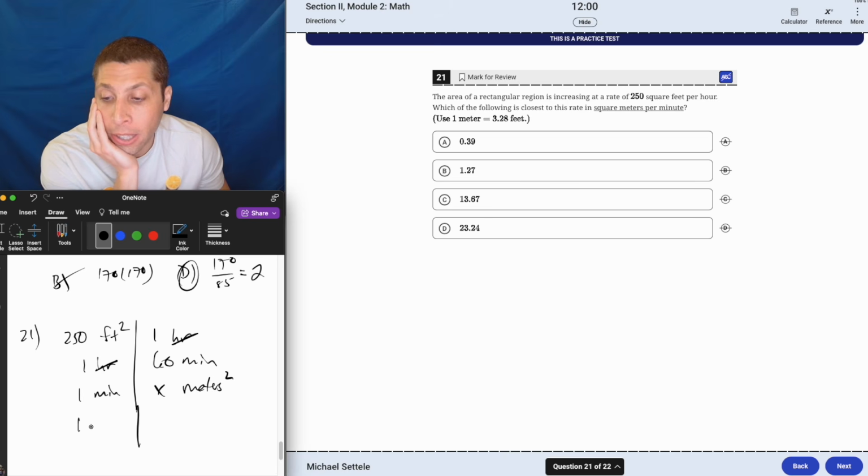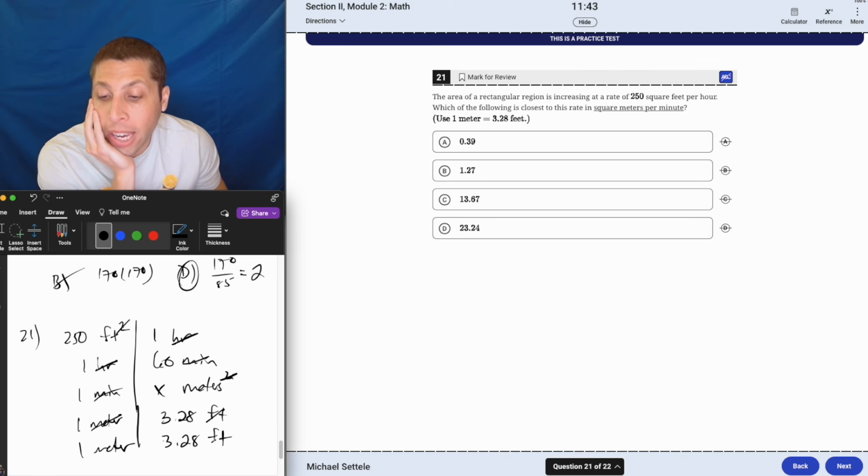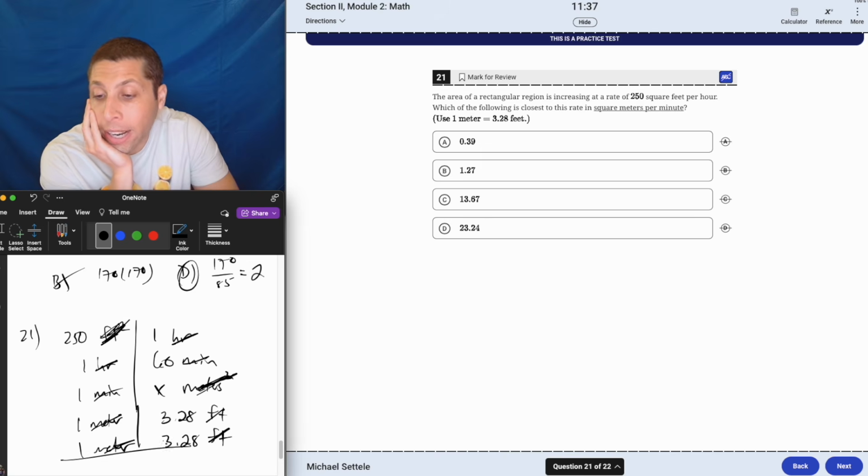So 1 meter is 3.28 feet. Now that crosses out feet with one of the feet here, and it crosses out meters with one of the meters, but there's another one, so we got to do it again. So 1 meter is 3.28 feet. Just do it again. Now feet completely gone, meters completely gone. Everything's gone, multiply down.